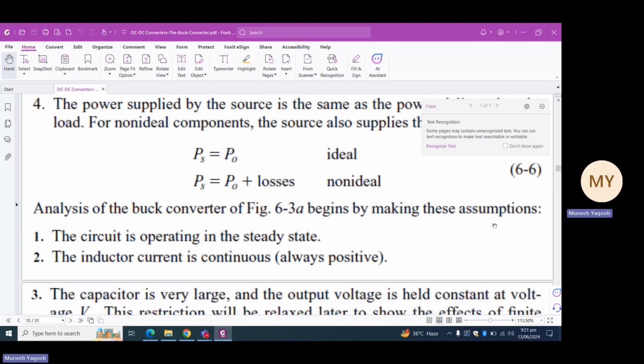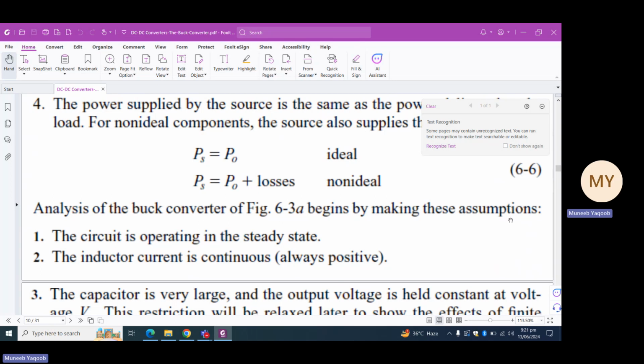Another assumption is that the circuit is operating in its steady state rather than the transient situation. And a very important assumption is that the inductor current is continuous. What does it mean? Inductor current continuous means that it will never be less than 0.